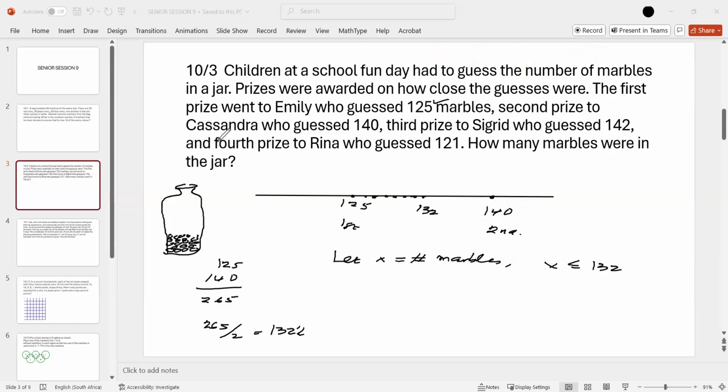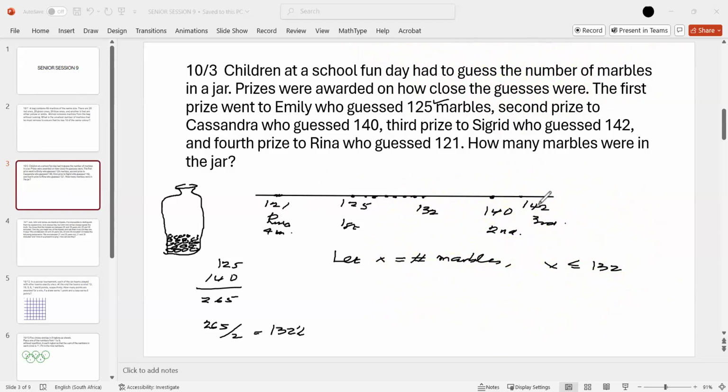Okay, let's look at what goes on here. Now the third prize went to Sigrid, who guessed 142. This was third. And the fourth went to Rina, who guessed 121. So she's fourth.